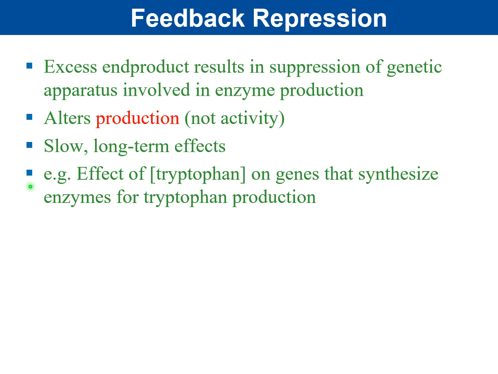And we're going to look at a model for feedback repression called the tryptophan operon. And so here we're talking about tryptophan. If you recall from laboratory, that's an amino acid that some bacteria can use as a food source, as a nutrient, or if they do not have that food source, there are cells that can actually make their own tryptophan amino acid.